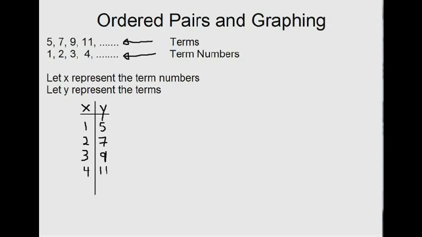So we've got x representing the term numbers and y representing the terms. So our first term is 5, our second term is 7, our third term is 9, and our fourth term is 11. So hopefully after watching the last video you would know how to come up with the equation for that number pattern and also be able to continue the number pattern.